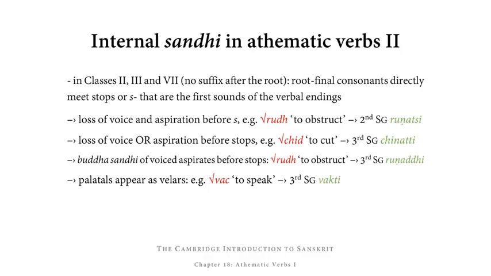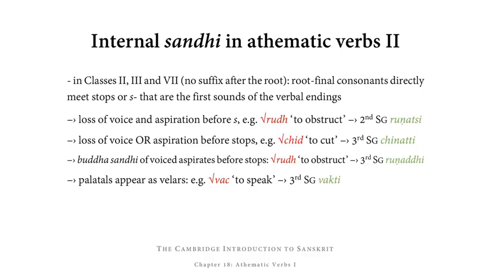So for example, in front of S, so in front of si, the second person singular ending, we can get loss of both voice and aspiration. So for example, in rud, to obstruct, we have a second singular runatsi. What's happening here is first of all that the N that is inserted into the root is retroflected. So rather than having runatsi, we have runatsi. And then secondly, the D in front of the S loses both its voice and its aspiration.